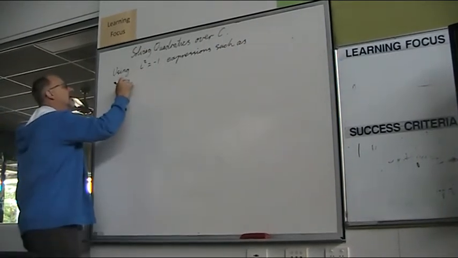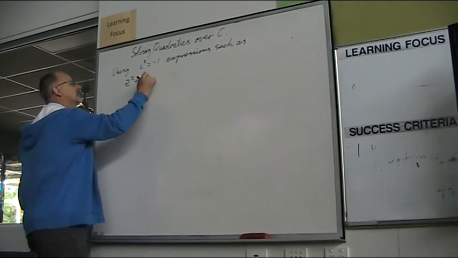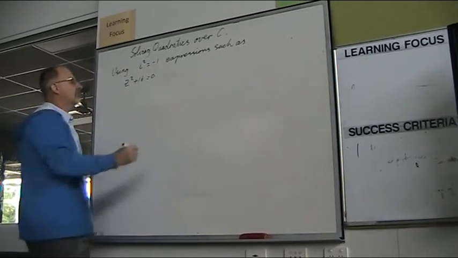z squared plus 16 equals 0 can be solved.